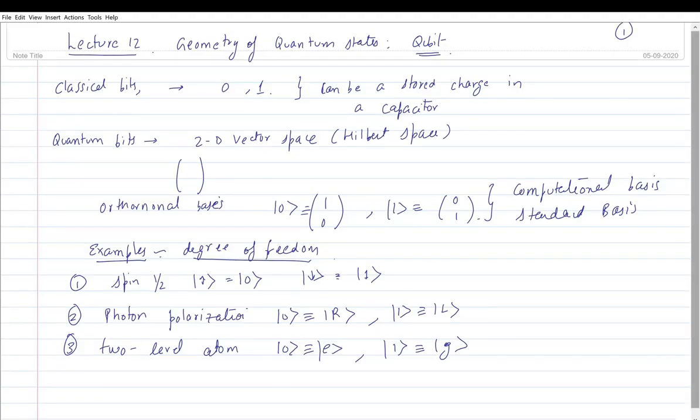So how to visualize a qubit? Well, one way to visualize a qubit is, let's say, consider an arbitrary state vector in a two-dimensional Hilbert space.